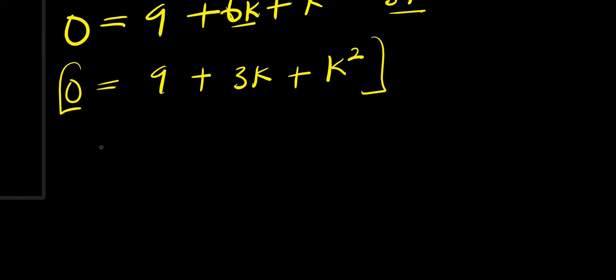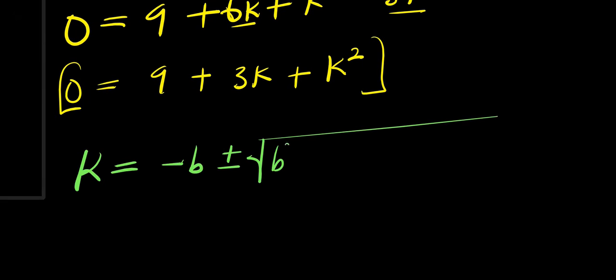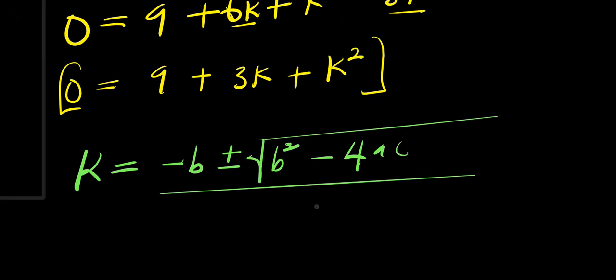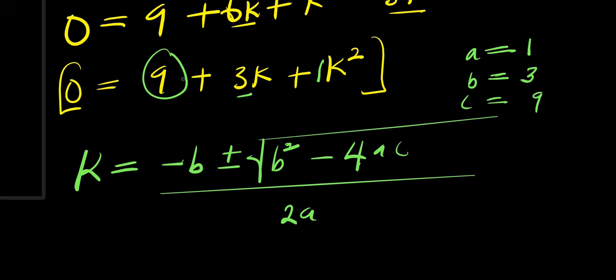We solve using the formula method. You write the formula k equals negative b plus or minus square root of b squared minus 4ac, divided by 2a. Now we need to rearrange this one here, which is the equation of k squared; b equals 3, which is the coefficient of k, and c equals 9, which is the constant here.